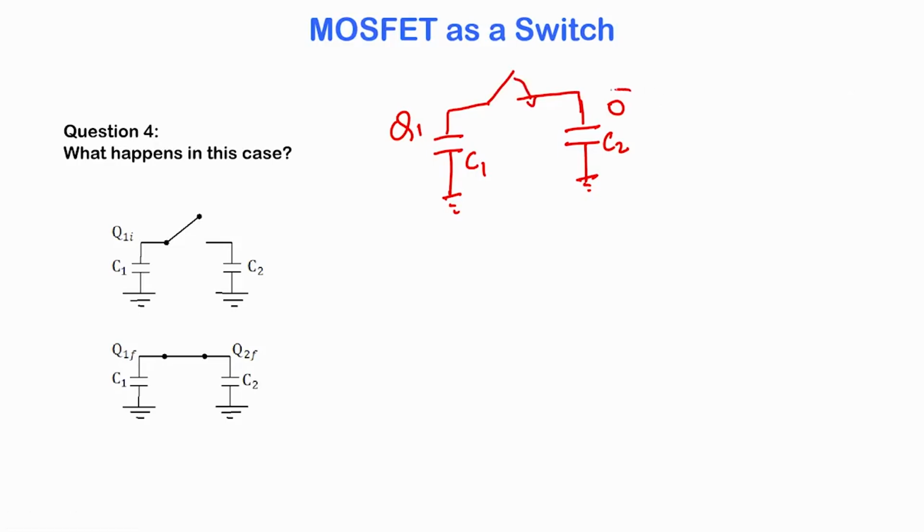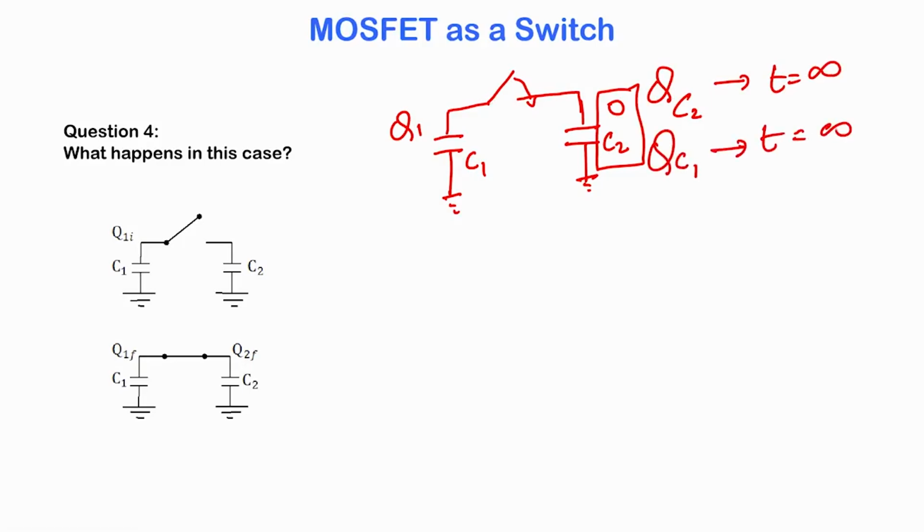The question is, what is the charge on the capacitor C2, what is Q_C2 at time t equal to infinite, and what is Q_C1 when t is equal to infinite. We already know that Q on C1 when t equal to 0 is Q1.